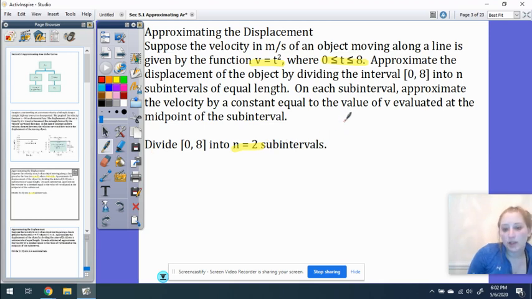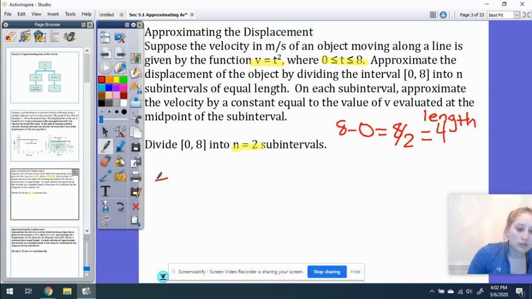So what you would say is, this one seems a little bit silly because one of our numbers is 0, but essentially you're going to subtract those 2. And then since we have 2 intervals, we're going to divide that by 2, which means I'm going to have a length of 4. Okay, which means my 2 intervals are going to be one from 0 to 4, and the second one is going to be from 4 to 8.